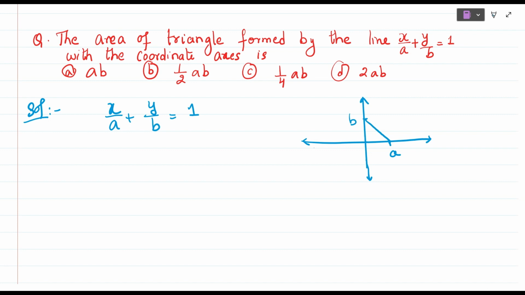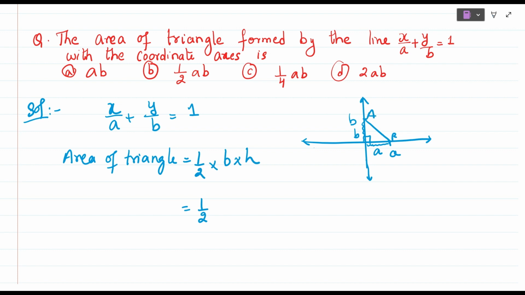From here to here the distance will be A, and from here to here it will be B. Since it is a right angle triangle, what is the area of the triangle? The formula is area of triangle equals half into base into height. Suppose this is point A, this is point B, and this is O. OB is the base and OA is the height. So this gives half into A into B. That is half AB, which is our answer, students.